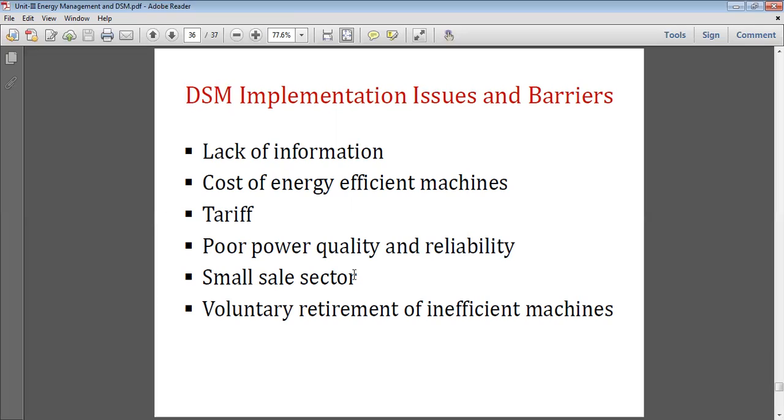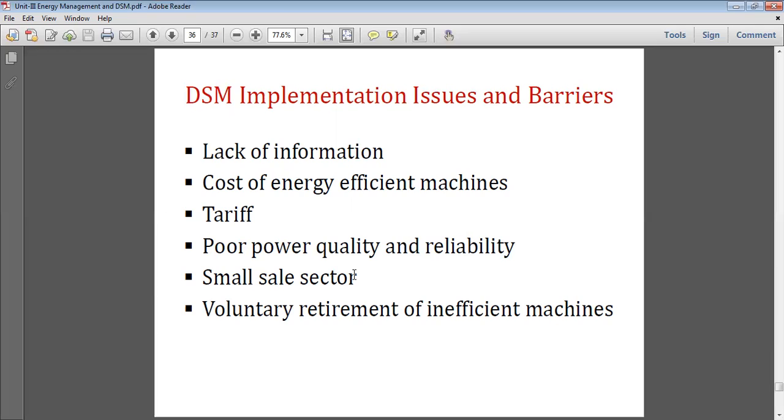Similarly, what is the block rate tariff, what would be the rate at higher energy consumption, what would be the method to improve the power factor, and what are the different losses that may take place because of old machineries and wrong practices in production. Such information and such education are not there.